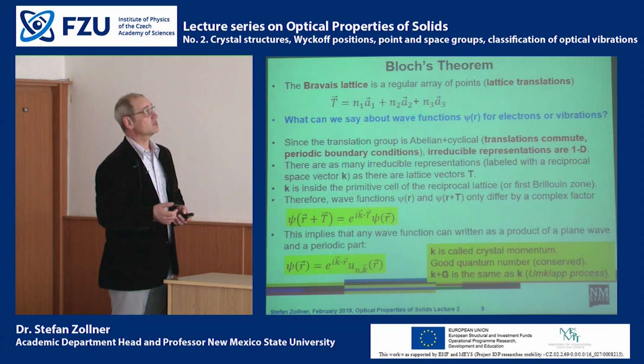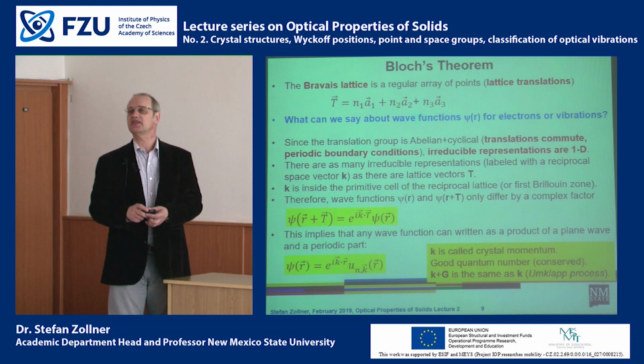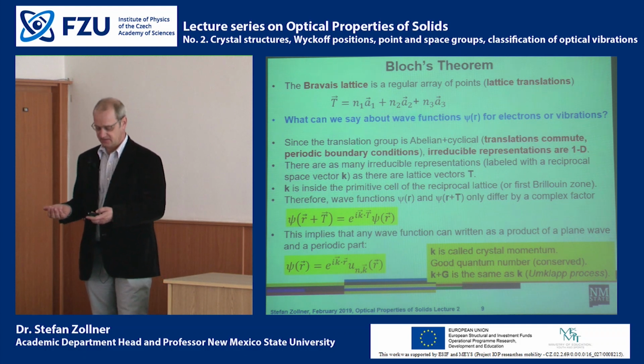Another way to express Bloch's theorem is that we can write an arbitrary wave function as a plane wave part multiplied by a periodic part. So from the translational symmetry, we get this property k, which is called crystal momentum, and it is a conserved quantity.